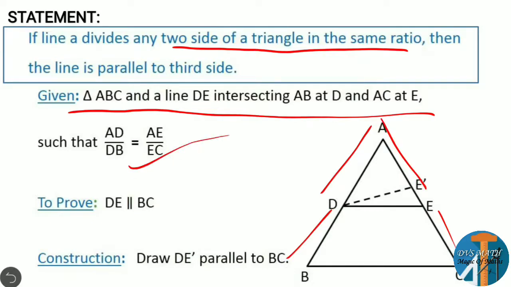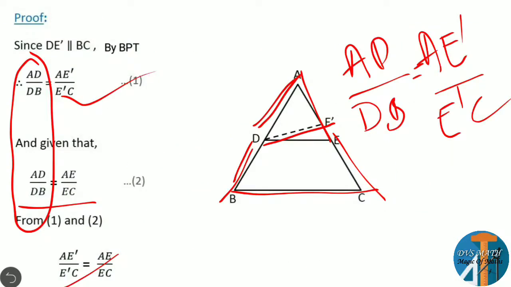And what we have to prove is this line DE is parallel to BC, and here you have to take another line DE dash which is parallel to BC, and if this DE dash is parallel to BC, we are going to apply BPT. So applying BPT, the other two sides are divided in the same ratio, that is AD by DB is equal to AE dash by E dash C. Take it as equation 1 and take the given one, AD by DB is equal to AE by EC. From equation 1 and 2, LHS are equal, equate RHS.